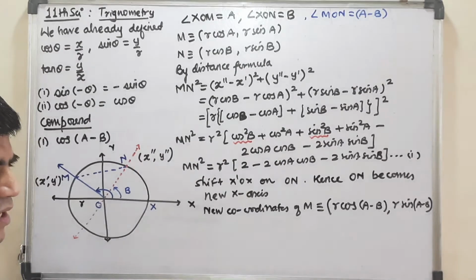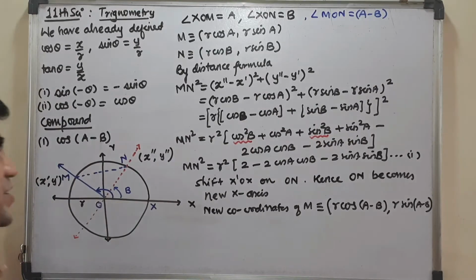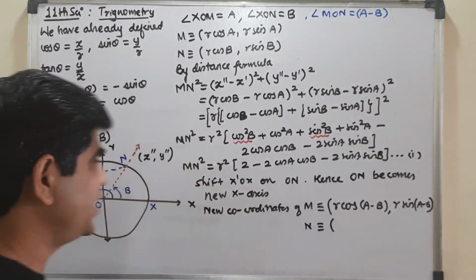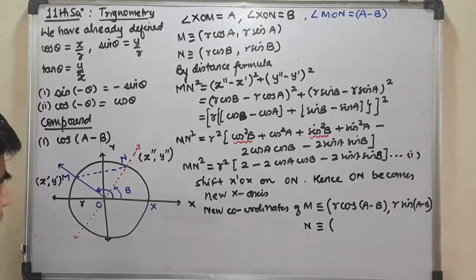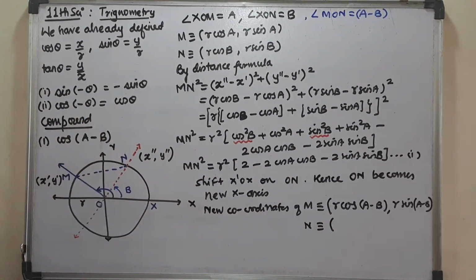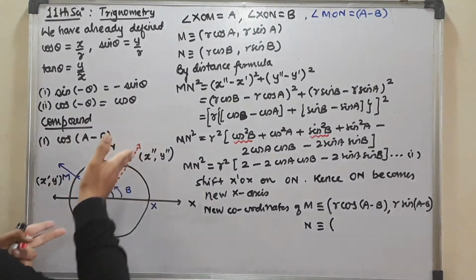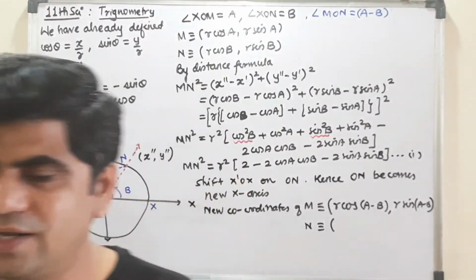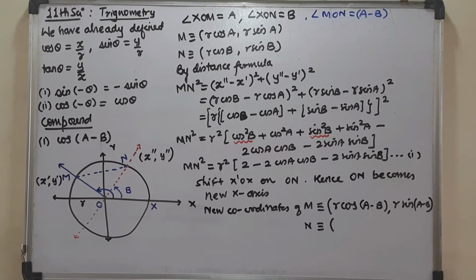So now, if you see here, the new coordinate of N also will change. You can see the original axis which was there has come over here. So this becomes your original x-axis, and it forms a 0-degree angle.